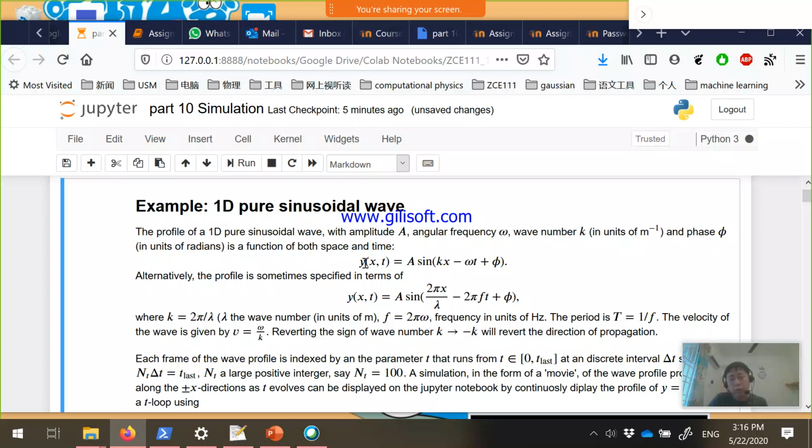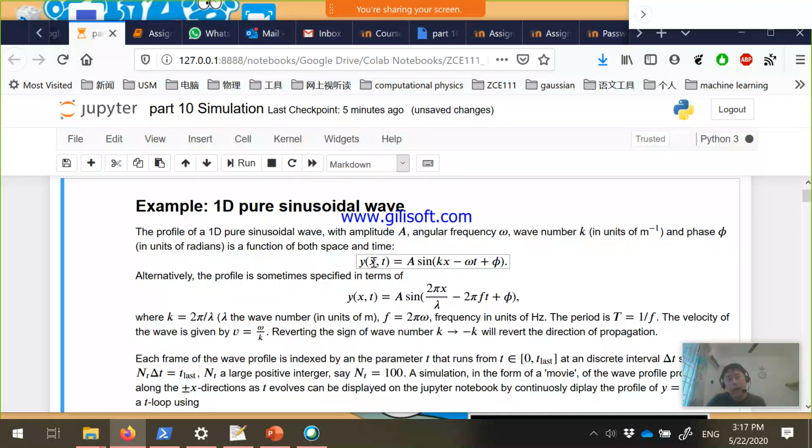Here y is the displacement of the wave. So at a location x at a particular time t, the value of y, which is the value of the wave at that point, is that much.